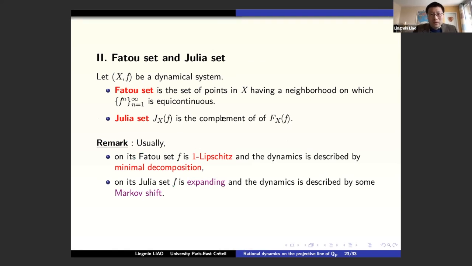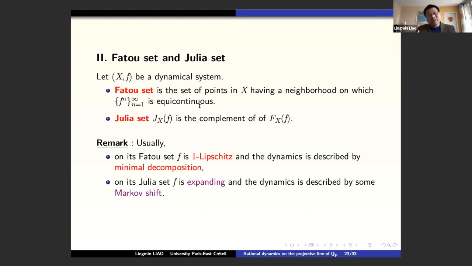Firstly, to do this, usually we divide a dynamical system into two parts. One part is the Fatou set. On the Fatou set the family of iterations is equicontinuous, which I mentioned a little bit at the beginning.